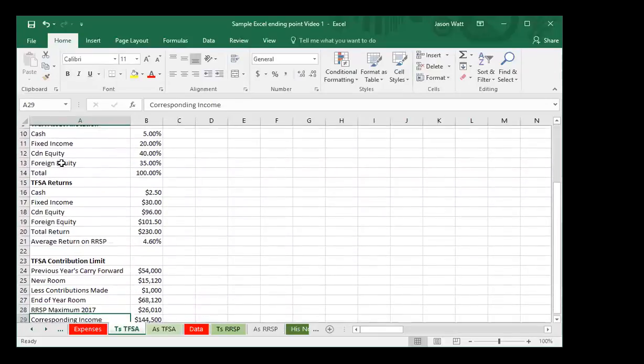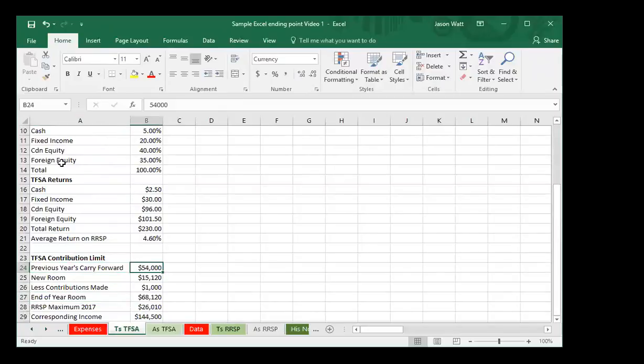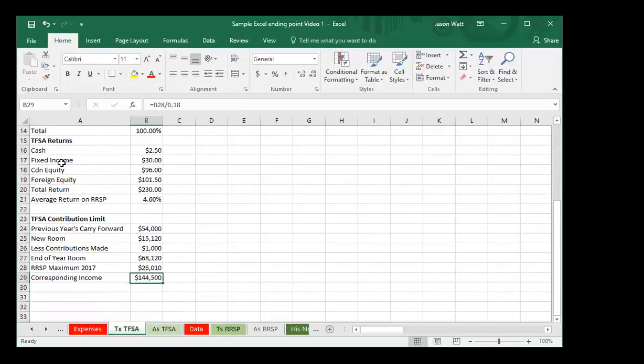So we've got everything now situated properly. Previous year's carry forward is probably not as much for the TFSA as it is for the RSP. It could be, but let's say that Tom's used his TFSA a little bit in the past, like I said, using it as a vacation fund. So maybe we'll give him $32,000 of carry forward.